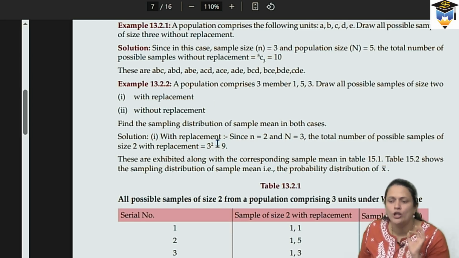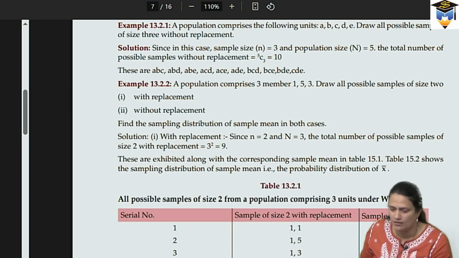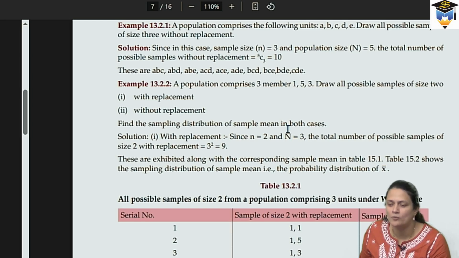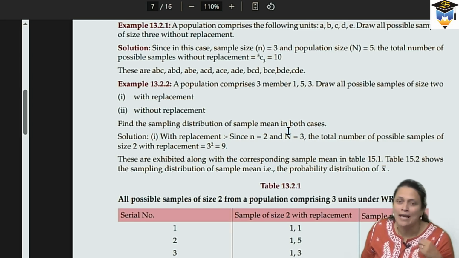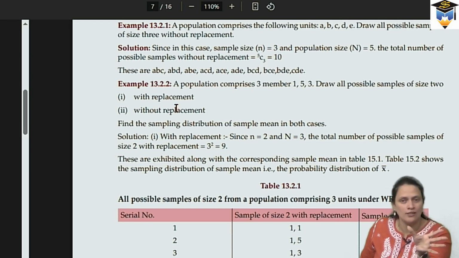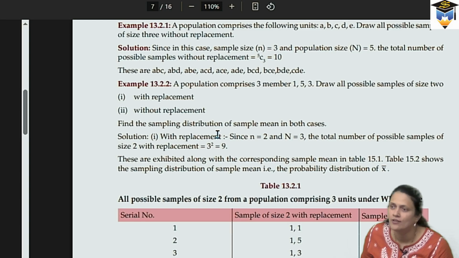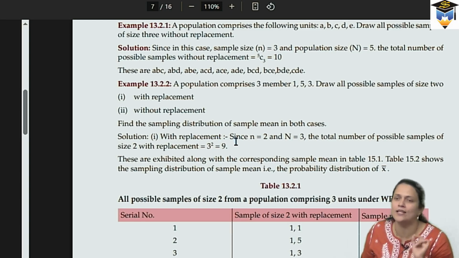So here capital N raised to small n formula is used, because capital N is the total population and small n is the sample size. Have you understood this part? So that comes out to be 3 square, that is equal to 9.